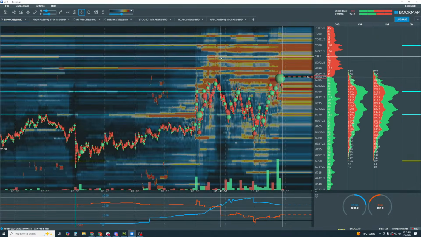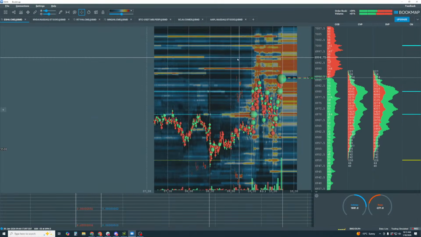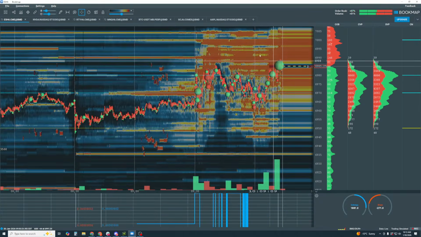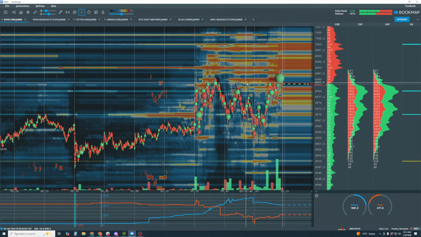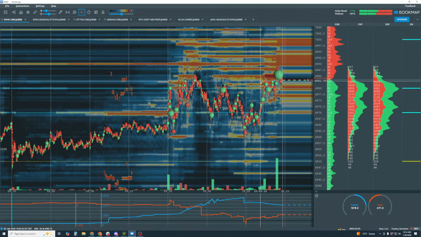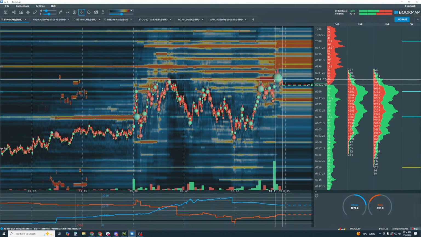Let's take a look here. All right, interesting. Okay, we are breaking out now. Guys, before we jump into a breakout trade here, which it might break out, right? I'm going to jump ahead here. In this environment right now that we're trading in, I am not looking for breakouts.